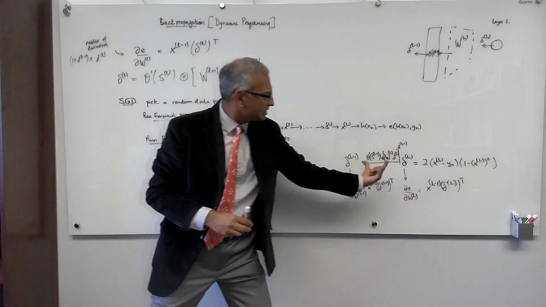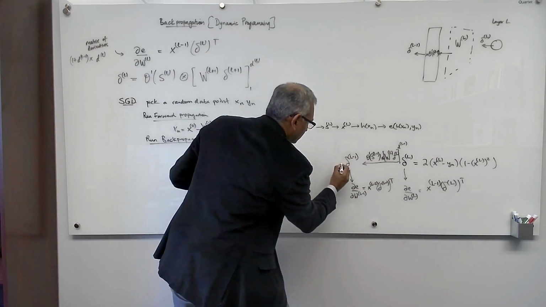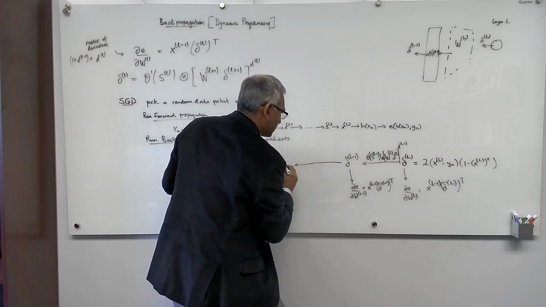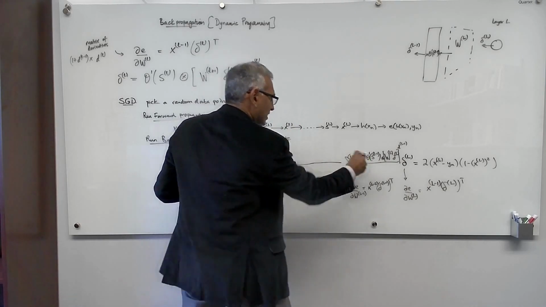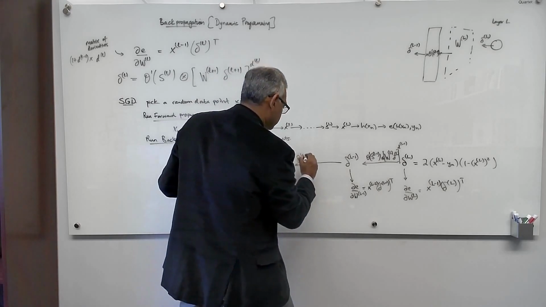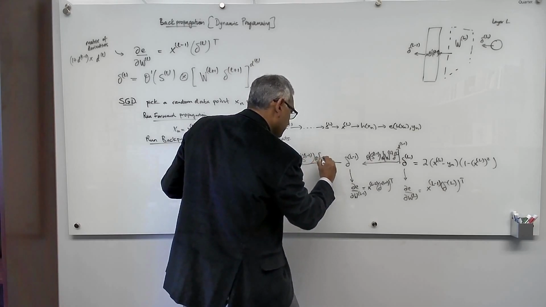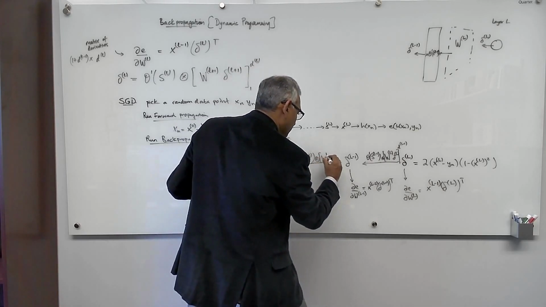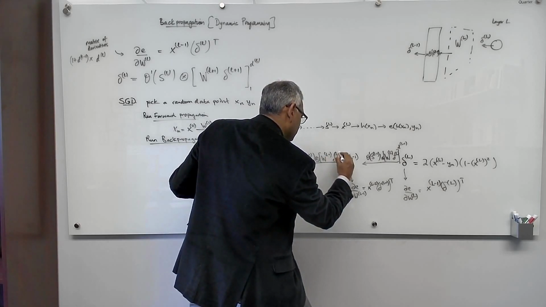Let me just do one more step to show you what's going on here. One more step is I can get delta L minus 2. How do I get that? It's theta prime of S L minus 2 O times W L minus 1 times delta L minus 1.